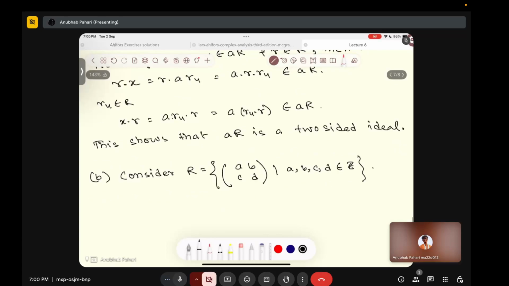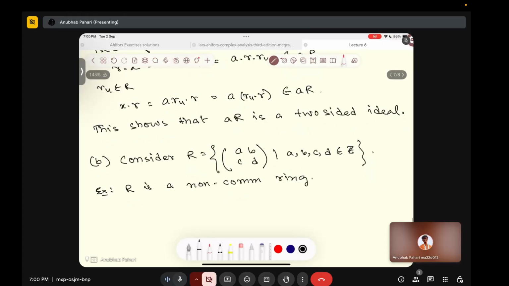So this is an exercise you can do. R is a non-commutative ring. You have to show that there exist two matrices such that if we flip their positions in the product, they won't be equal. Now let a equal the matrix 1 1 0 0.